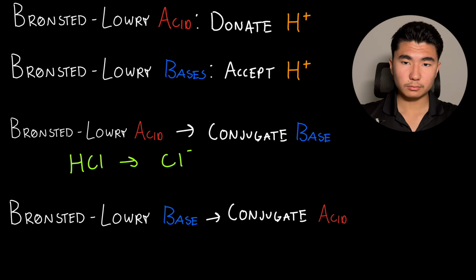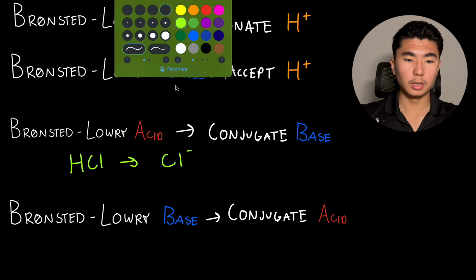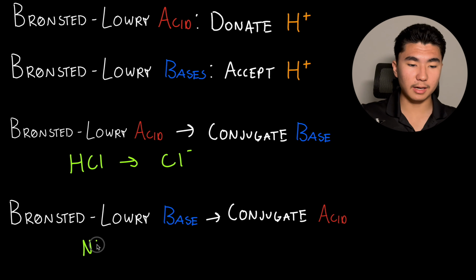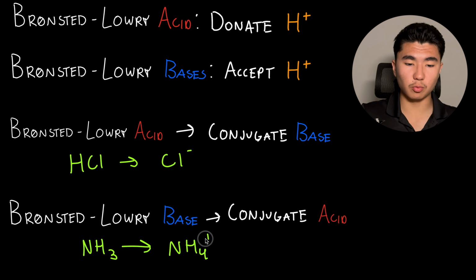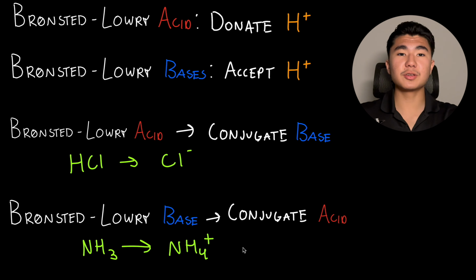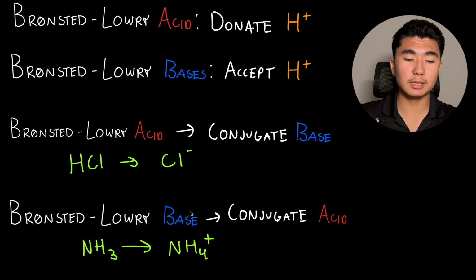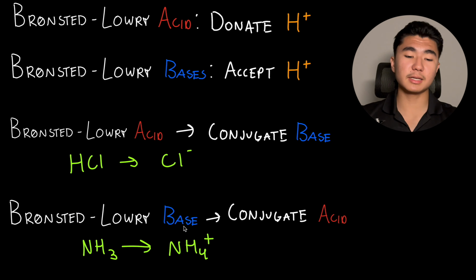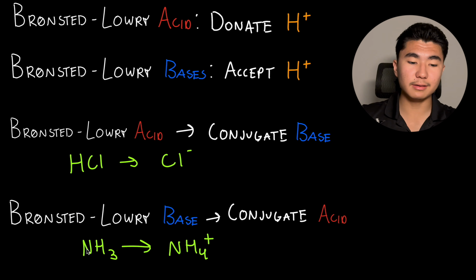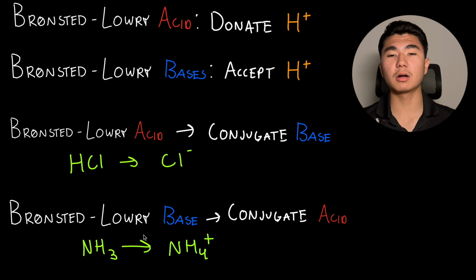Well, we could look at something like NH3, or ammonia, going into NH4 plus, or ammonium. Now, as you can see, this is a Bronsted Lowry base because it is accepting a proton at the end. So this NH3 will accept a proton, and this ammonium is our conjugate acid. This NH3 is our base.